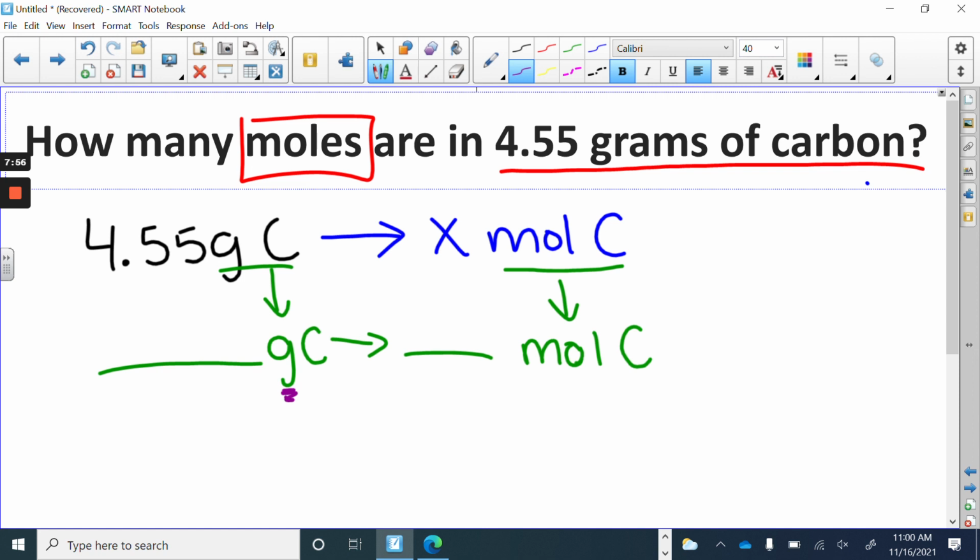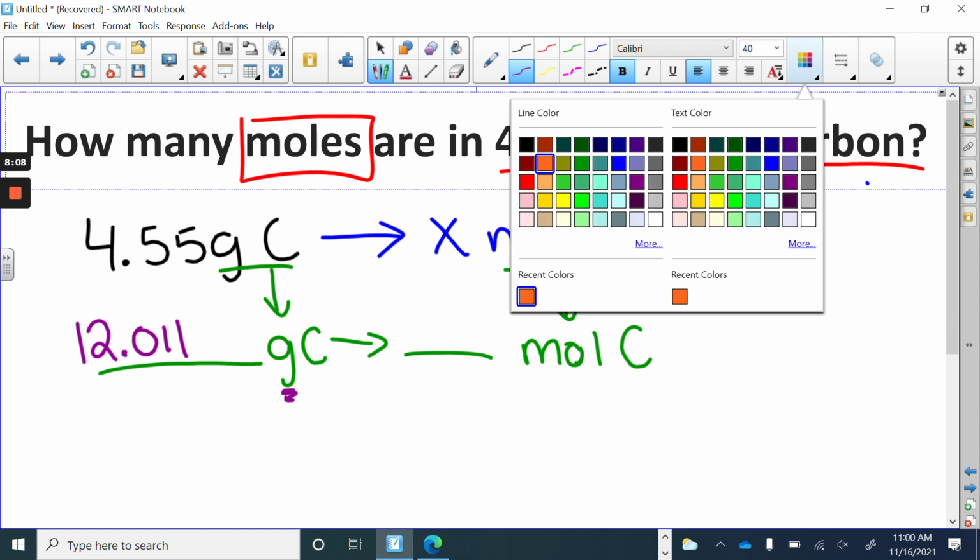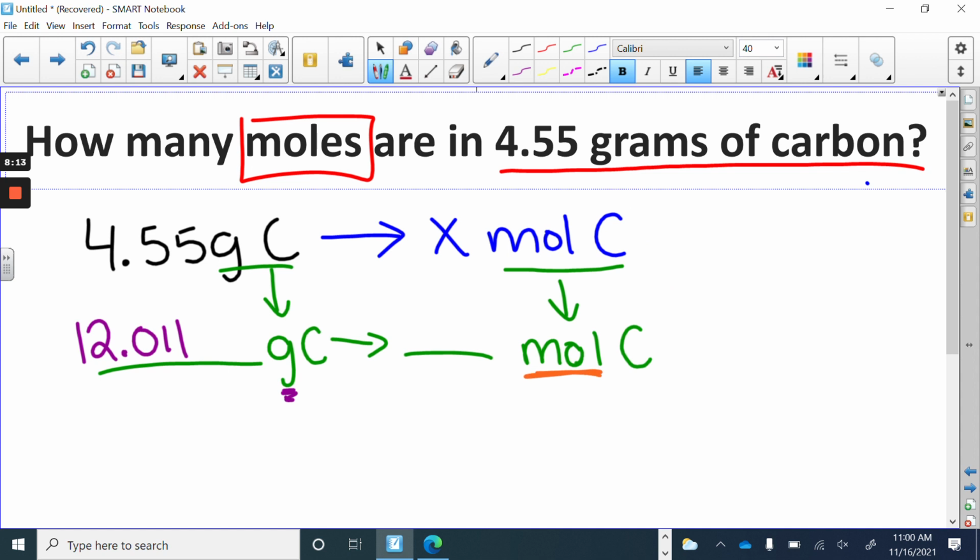So you'll go to your periodic table to find that. You go to the periodic table to find carbon, and you'll see its mass is 12.011. Then we take a look on the other side, and we see that we are looking at moles. Moles is always going to be 1.